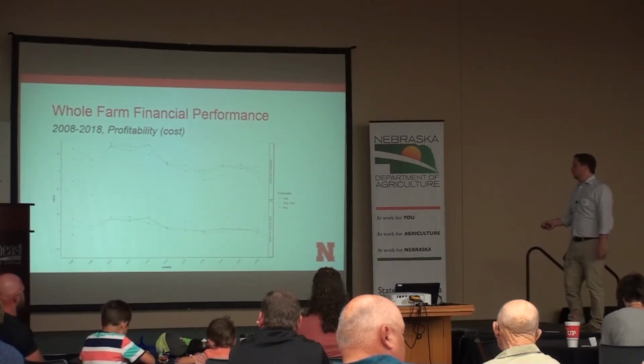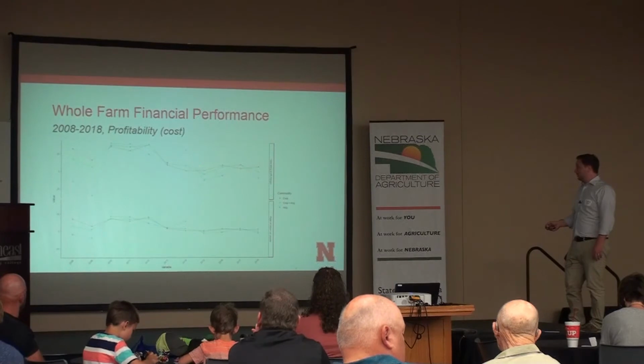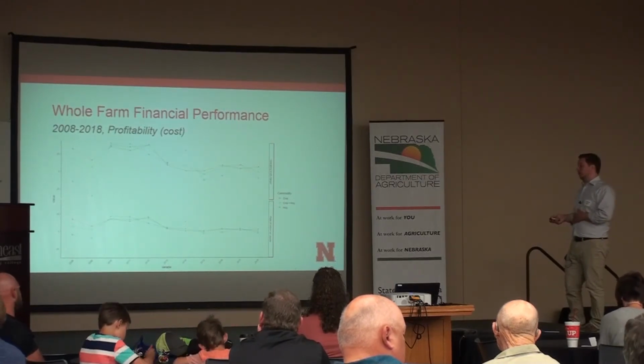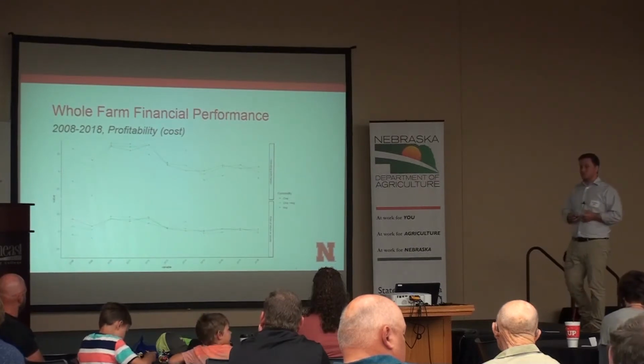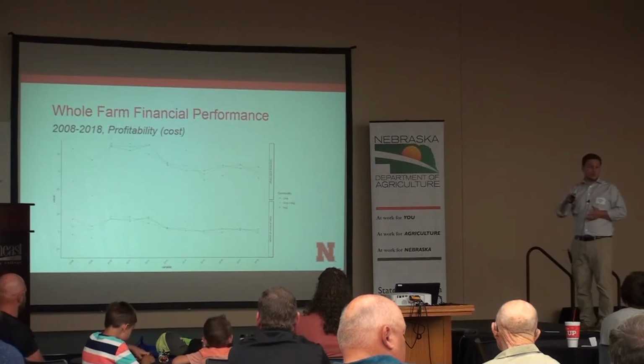So as we're going through time, this operating margin is gonna bump around. But on average, a hog plus a row crop operation, this line stays pretty much in between the crop and the hog operation. So you're not obtaining the really highs, but you're also not getting the lows.